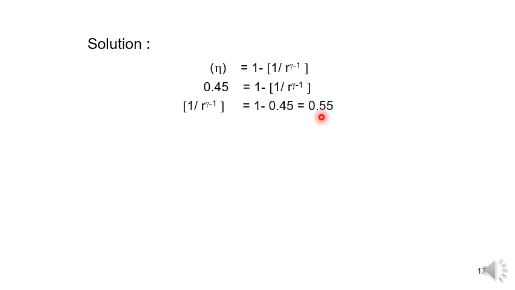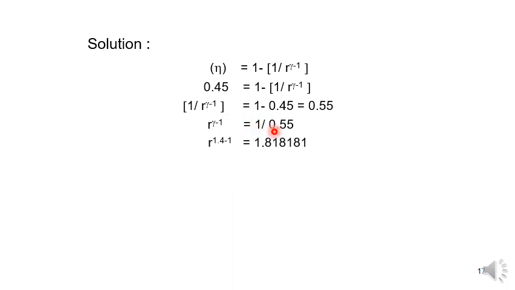Next bring this R power gamma minus 1 to the left-hand side, and 0.55 comes to the denominator, simply cross multiplication. 0.55 divided by 1, there is nothing in the denominator, so I simply put it as 1. On cross multiplication, 0.55 comes to the denominator and R power gamma minus 1 goes to the numerator, so R power gamma minus 1 equals 1 by 0.55.